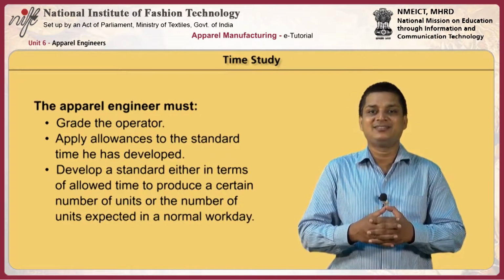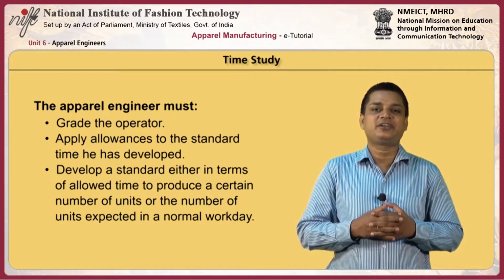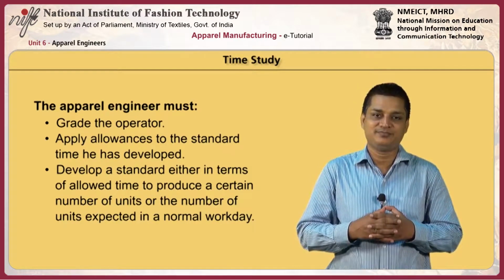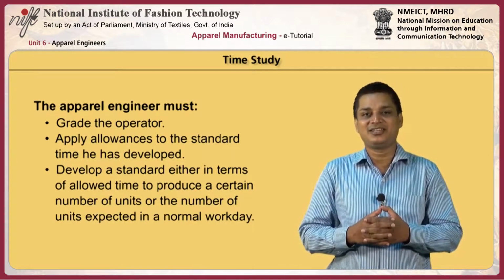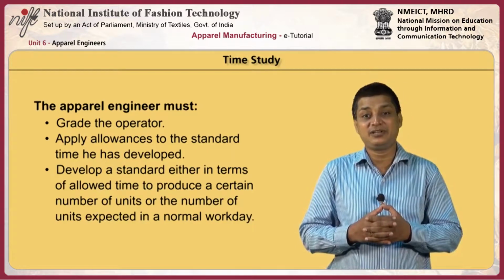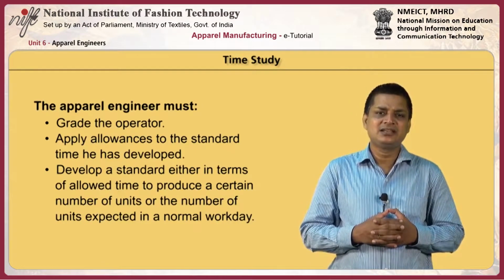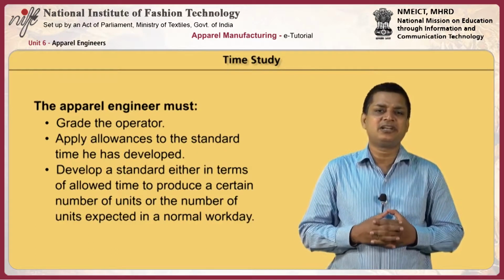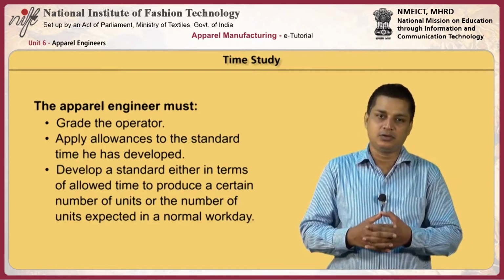The actual timing that is done is simply a matter of clocking the time the operator requires to perform the job. The apparel engineer must then do two other things before his time study is completed. First, he must grade the operator. This means he must decide if the operator is working at a pace that is normal, above normal or below normal.